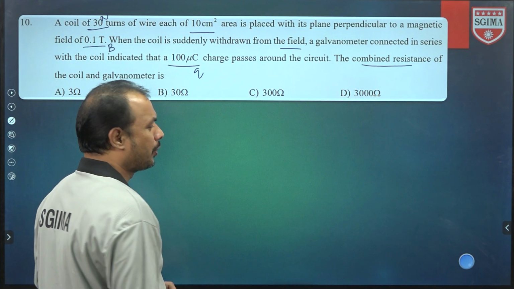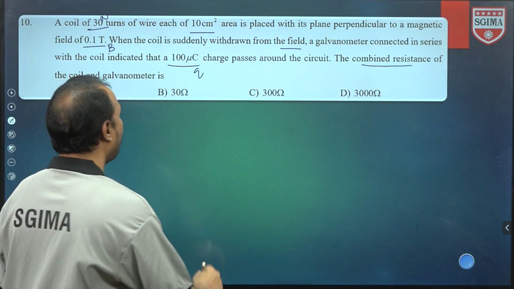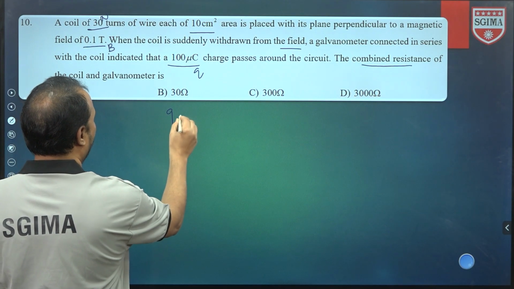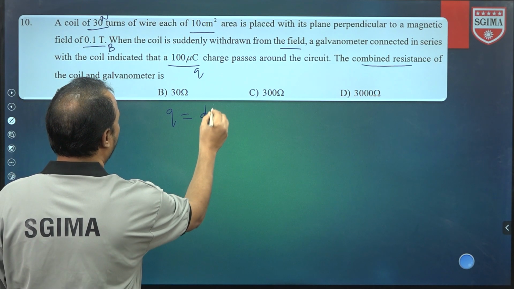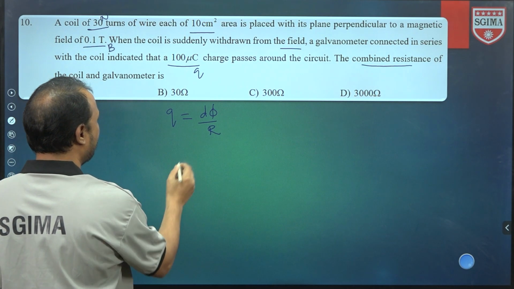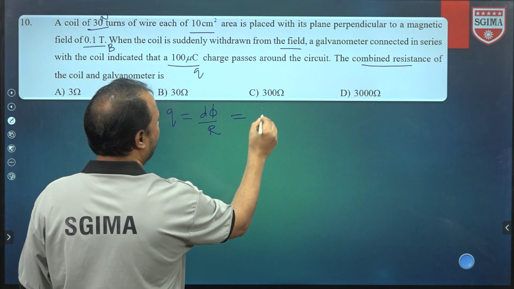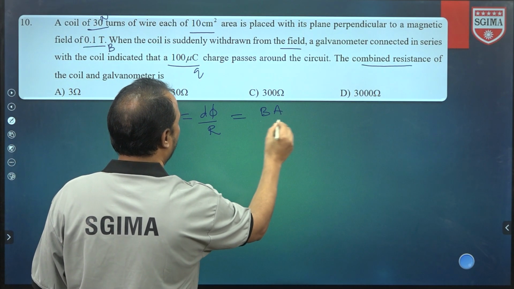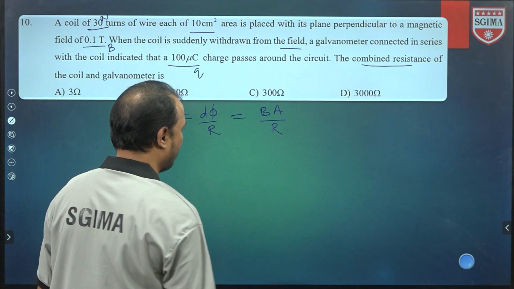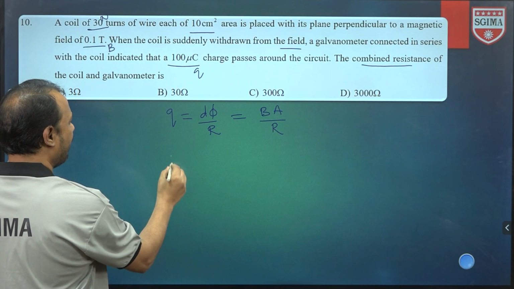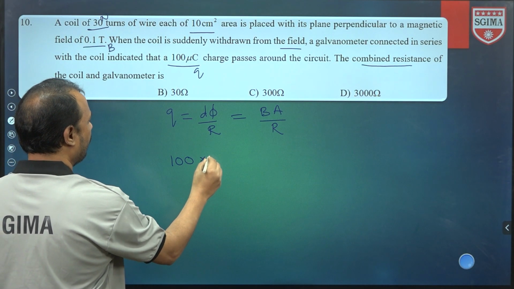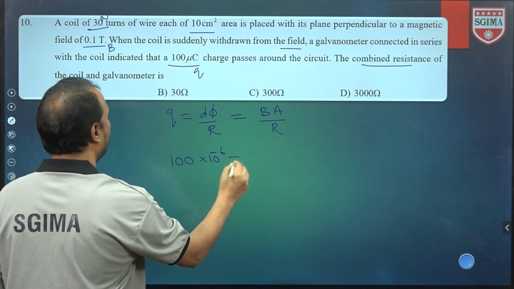So this question is also similar to the previous question. The induced charge is the change in magnetic flux upon the resistance, and the change in flux is written as magnetic field into area, upon resistance. The charge is given as 100 micro, 10 power minus 6.